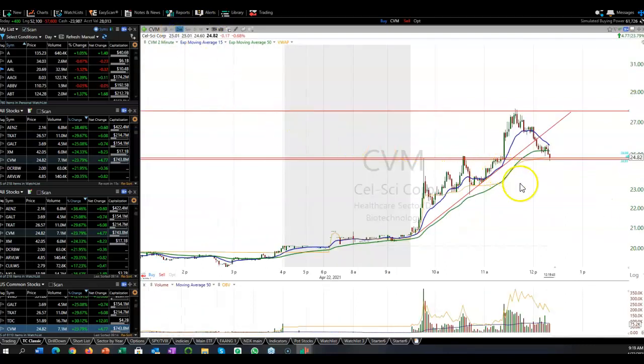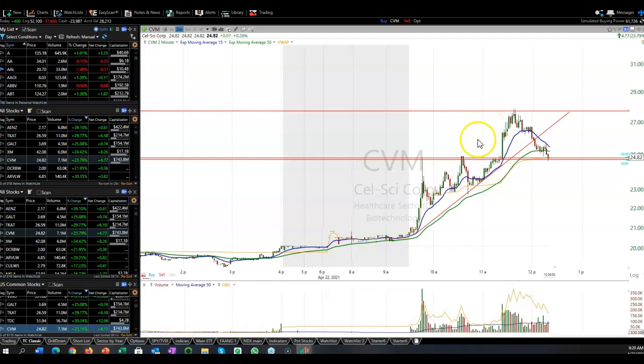But you also have to think about, okay, well, what's reasonable? Sometimes stocks aren't reasonable and they just continue to go. But we want to take profits along the way. What's reasonable? So here's the pop out. The first areas I'd look for would be round whole numbers. 26, 27, 28, 29.